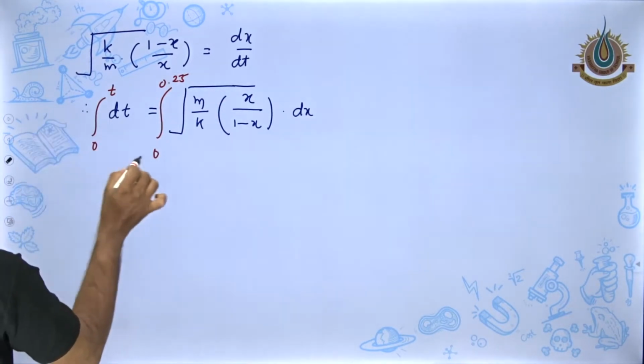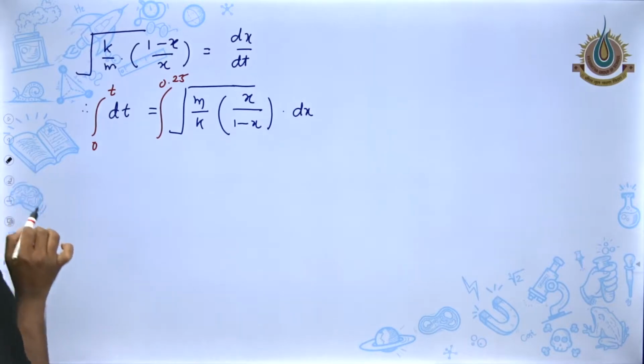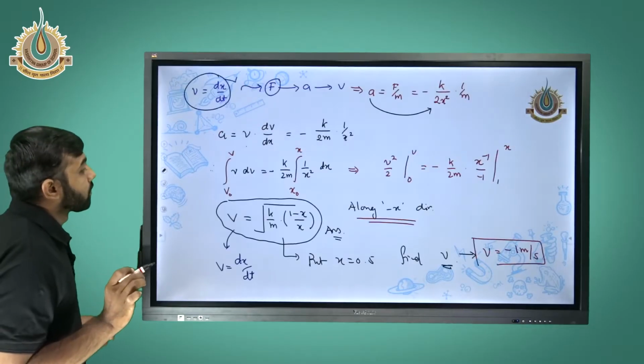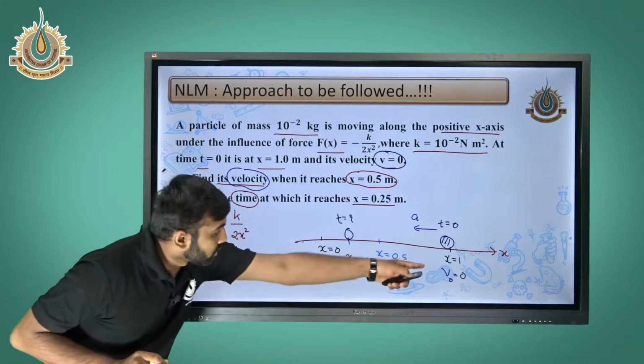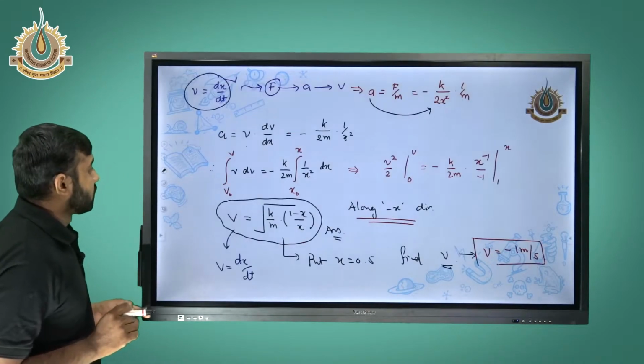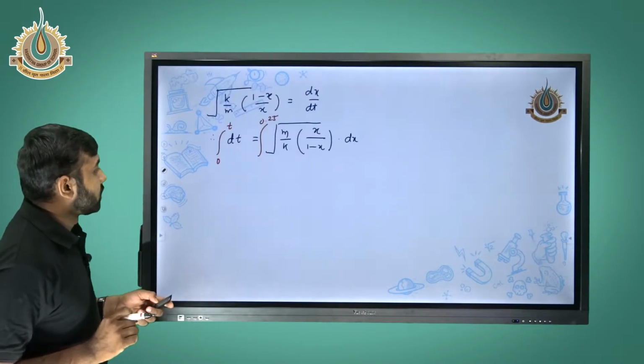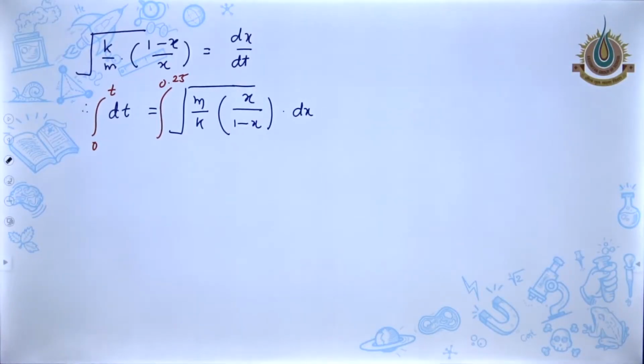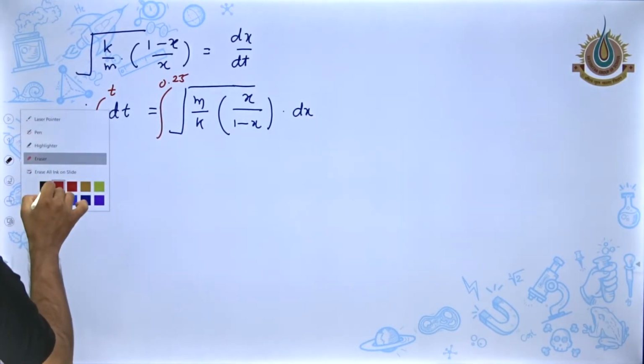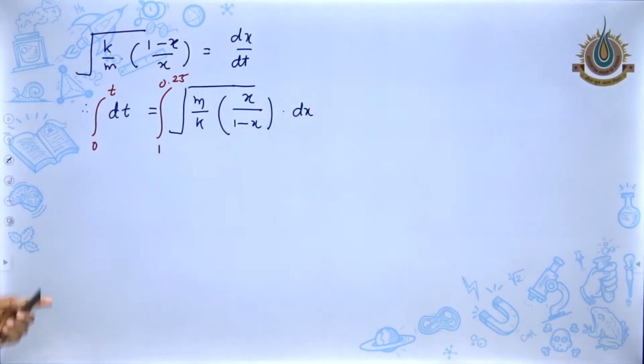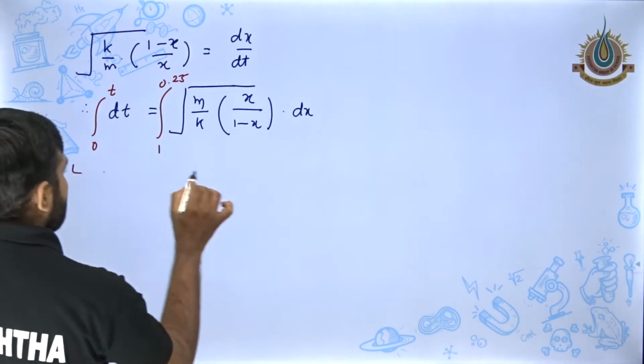My mistake. See here it is given. Initial x is equal to 1. So you start from 1. So 1 to 0.25. You just try to solve this integration by yourself.